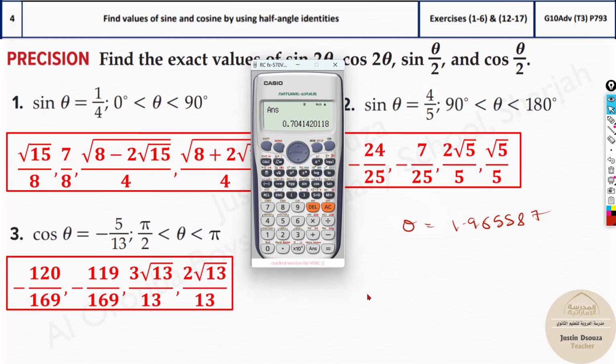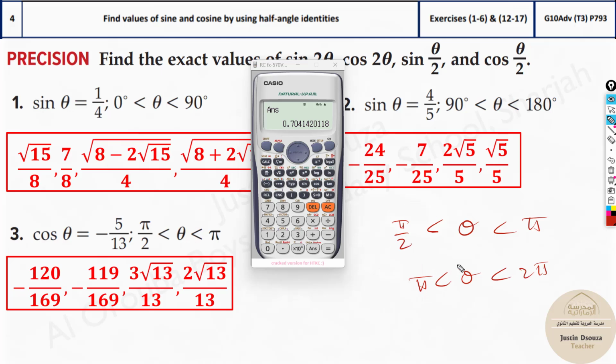Same formula, straightforward. Now, what about the angle over here, the theta? The limits of the interval for theta are pi by 2 and pi. For sine 2 theta, you need to multiply both sides by 2. So it will be pi less than 2 theta less than 2 pi. Now here it's always negative, it's not positive at all.